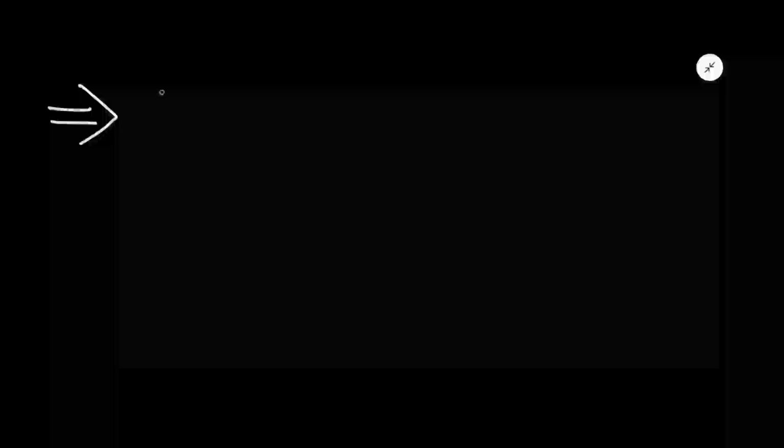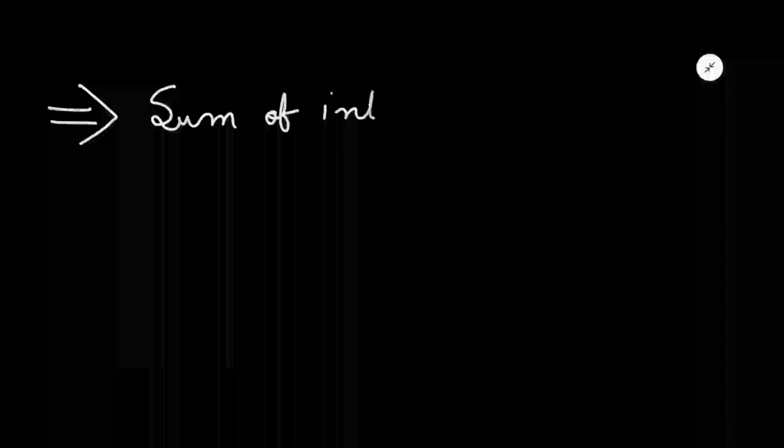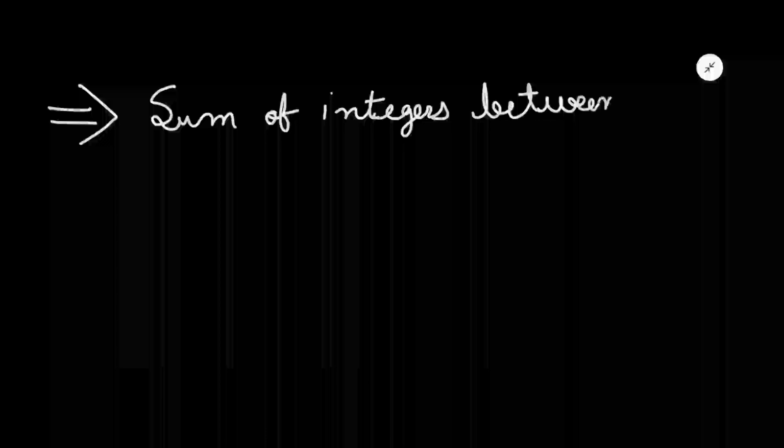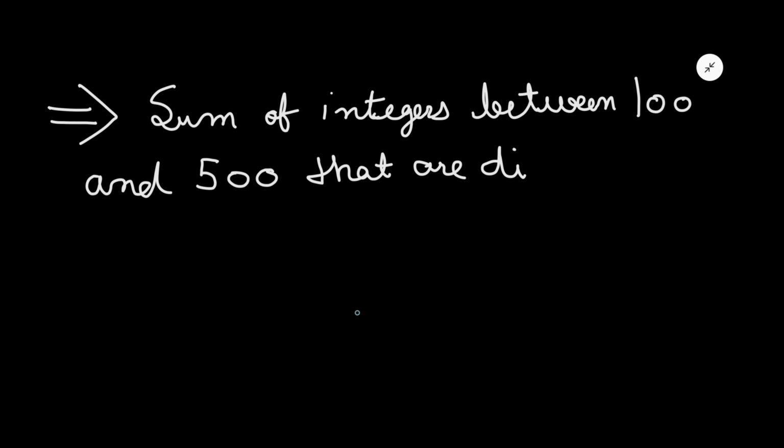Let's do one more example, which is we have to find the sum of integers between 100 and 500 that are divisible by 9.